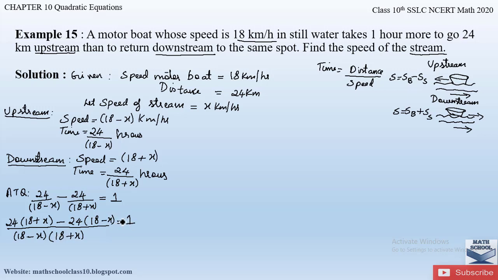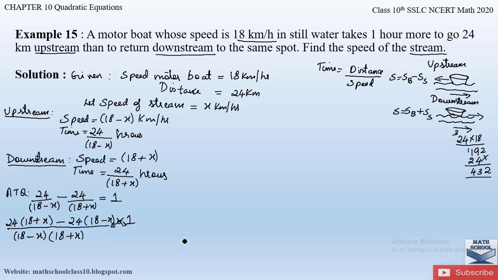Now let us cross multiply here. First of all, let us open this bracket. What is 24 into 18? 8 4s are 32, 8 2s are 16, plus 3 it is 19, 1 4s are 4, 1 2s are 2. So 9 plus 4 it is 13, carry 1. 2 plus 1 plus 1 it is 4.